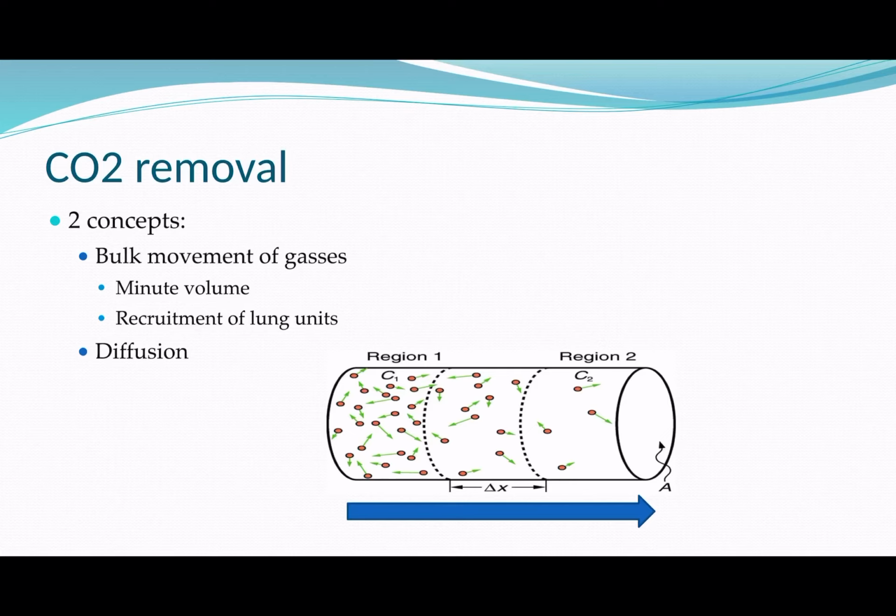So in addition to the bulk flow of gas, which is the majority of the CO2 removal and pretty much the main form of CO2 removal in passive ventilation with you and I, or those with conventional ventilation on a ventilator in intensive care, you will only really get bulk flow of gas. In APRV, you also add in this additional diffusional CO2 removal as well, which can improve the efficiency of CO2 removal in these patients.